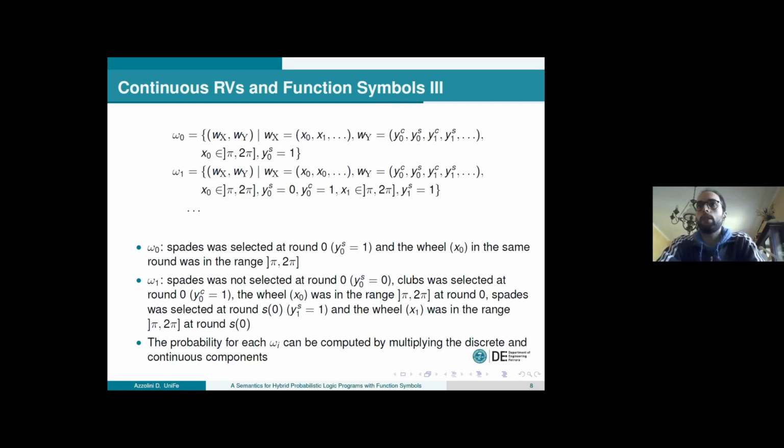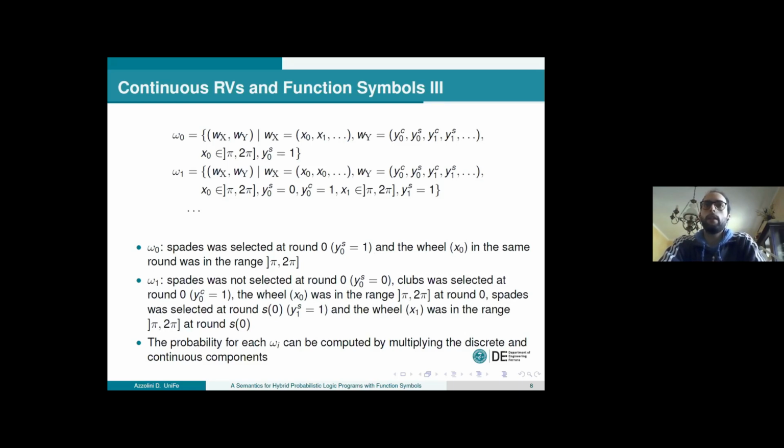Focusing on the second line of omega 0, we have X0 in the range, so the wheel at round 0 was in the range, and then we have Y0S equal to 1. So at round 0, spades was selected. For omega 1, we have X0 in the range, so at round 0 the angle was in the range.